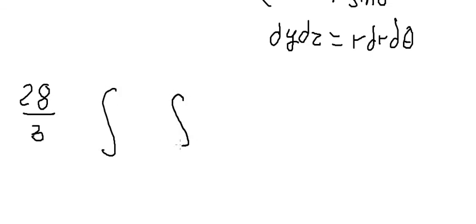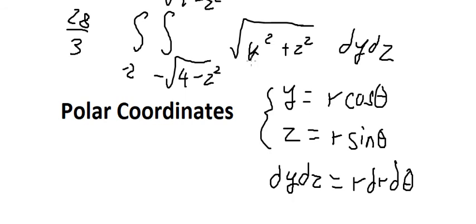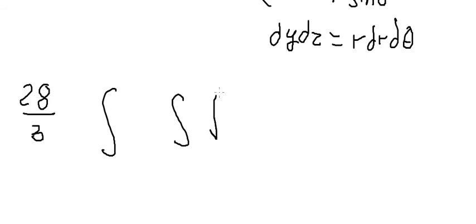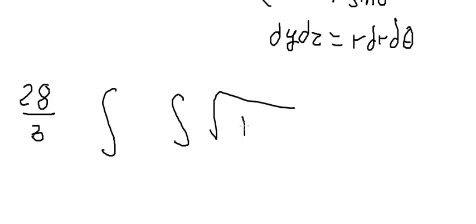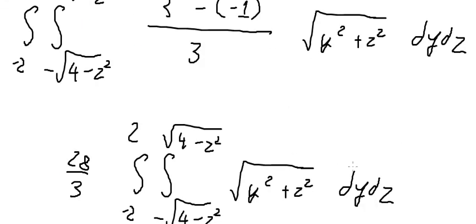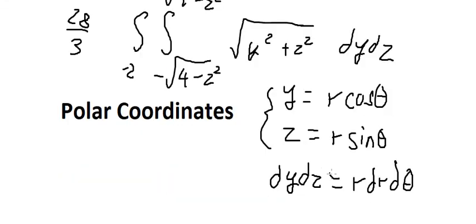So in this situation, we change the boundary. So we have the square root. We put y and z into this one, and you will simplify and you get r squared. Dy dz we change to r dr d theta.